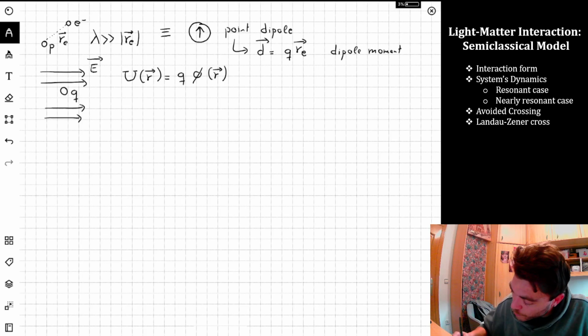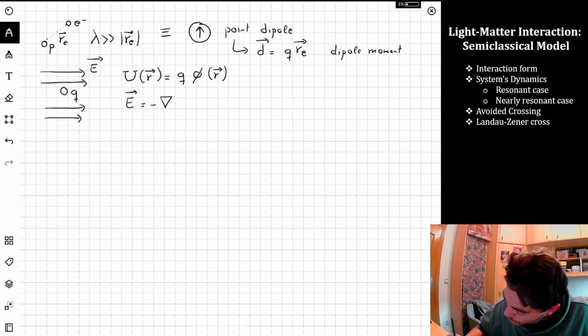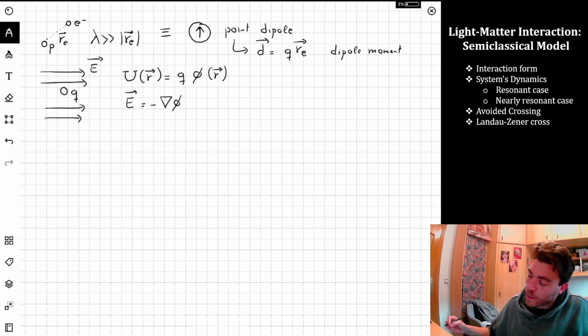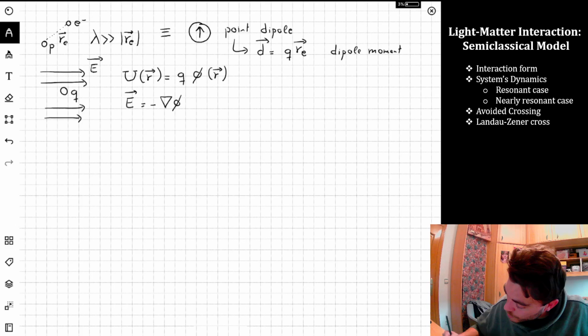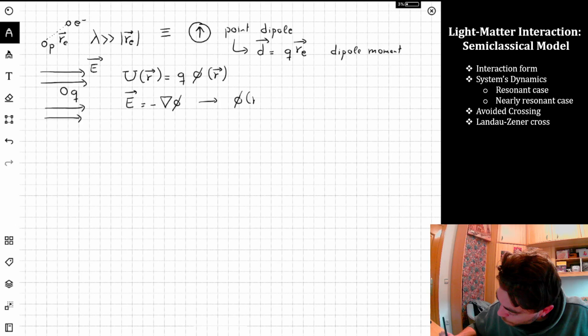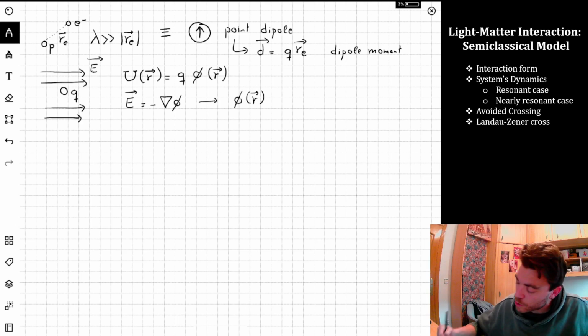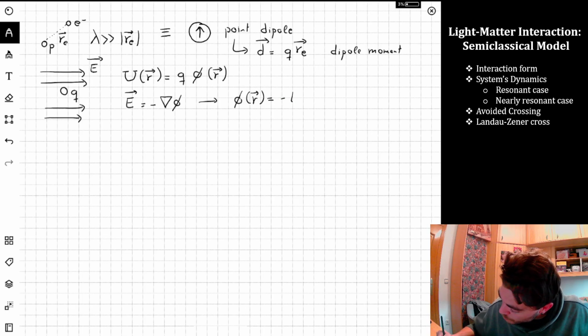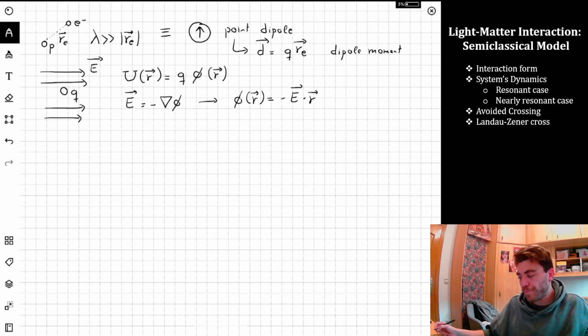Now, if this electric field is uniform, as the one that I just wrote here, then we know that the electric field is equal, by definition, to minus the gradient of the electrostatic potential. So if this is uniform, this means that the electrostatic potential at the position R of the charge is equal, basically, to minus the electric field times the position.